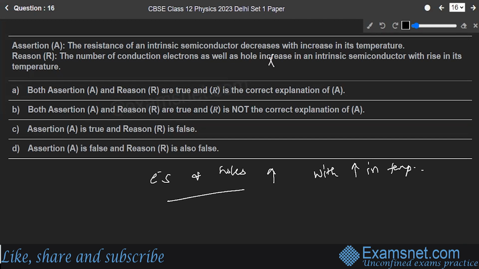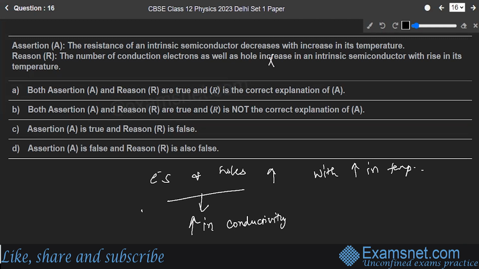This effect is more pronounced in higher temperature ranges. The increase in the number of charge carriers leads to an increase in conductivity of the intrinsic semiconductor.